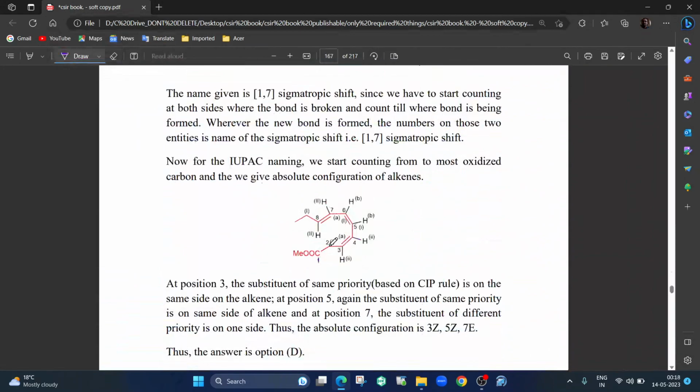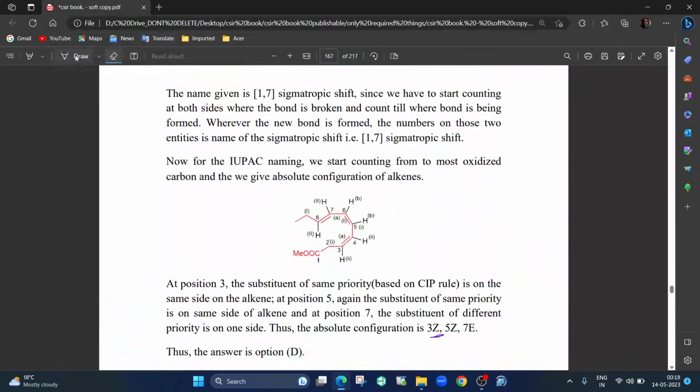You can see here carbon and hydrogen, we have to go step by step for each atom. Between carbon and hydrogen, of course carbon gets more preference than hydrogen. Here also this carbon gets more preference than the hydrogen. So this gets first preference, I have written a small 1, and here also this gets 1, and this hydrogen gets 2. Because the substituents of the same priority are on the same side, this at position 3 I'll call Z. Z means together, E means across, right?